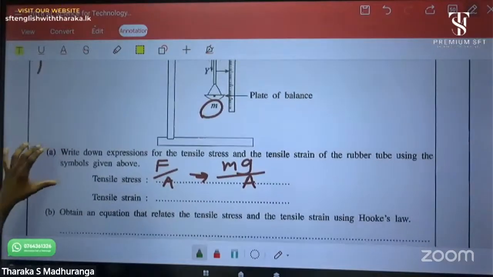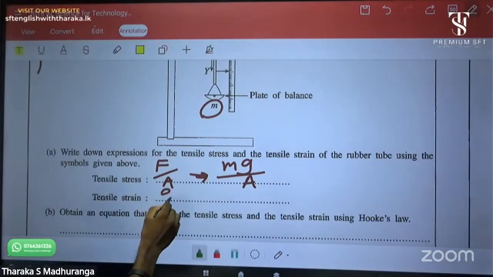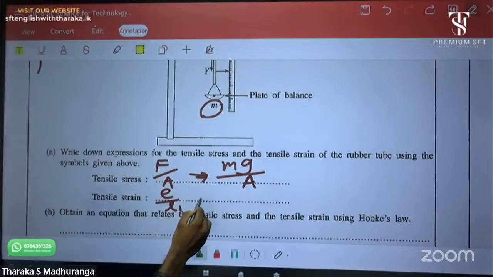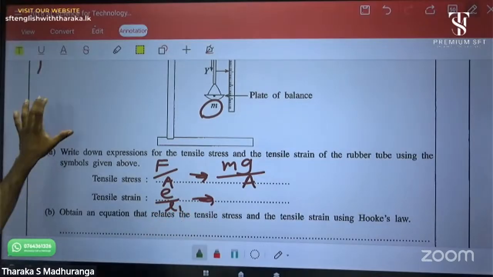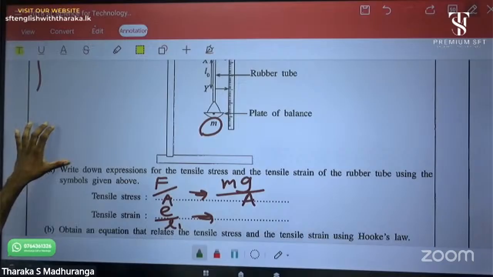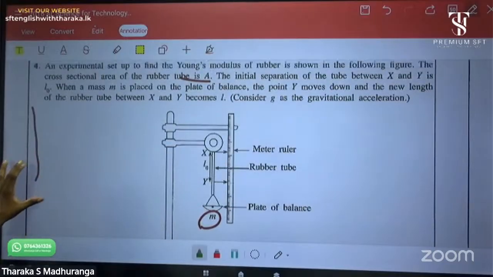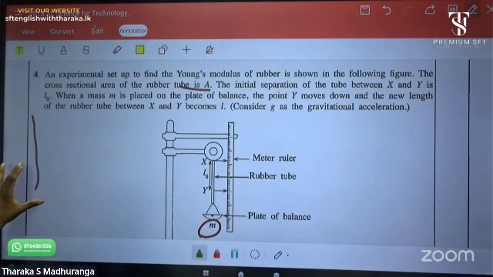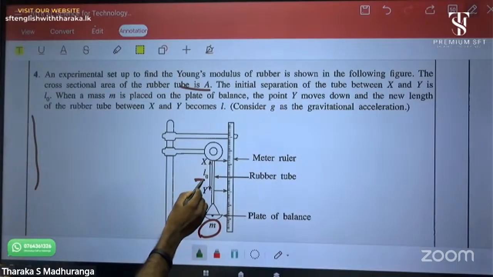Tensile strain. Strain means the normal equation, extension over L1. But according to the given data, the initial length is L naught, right?